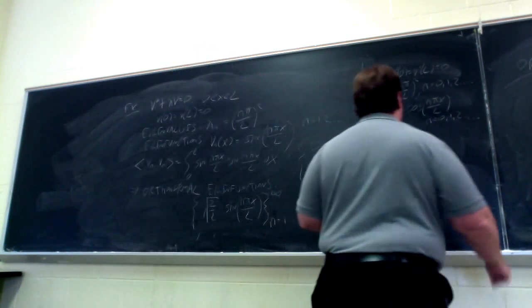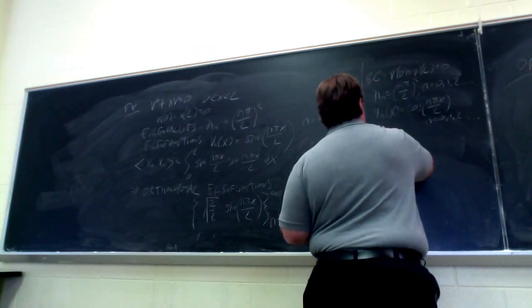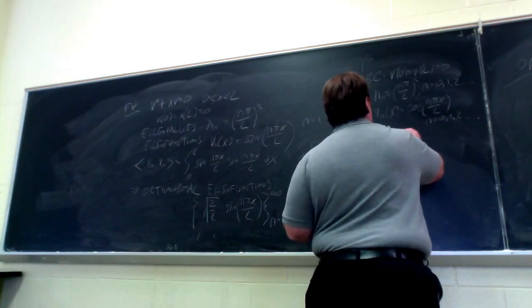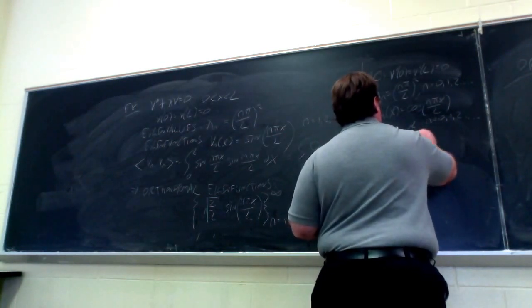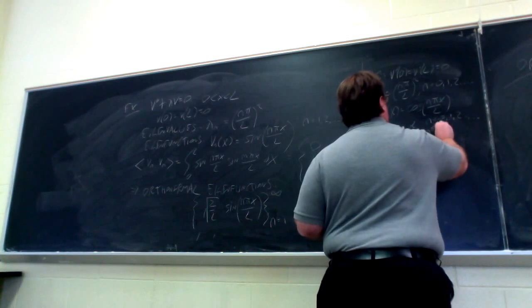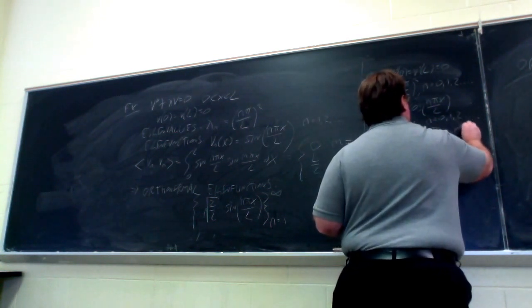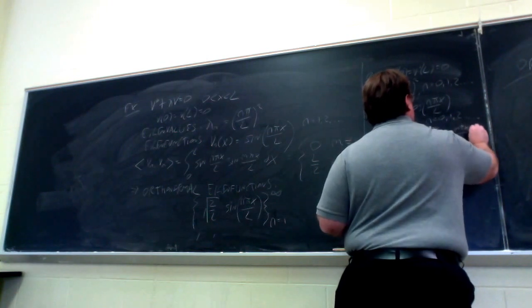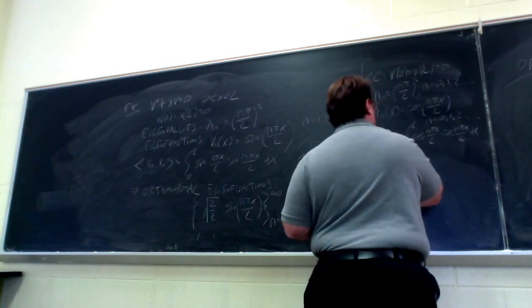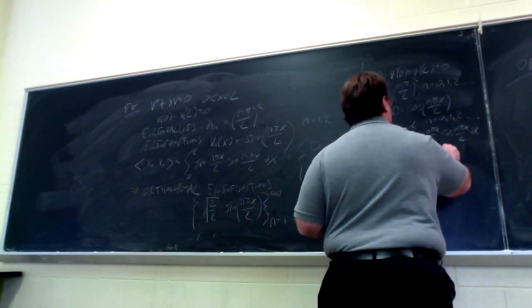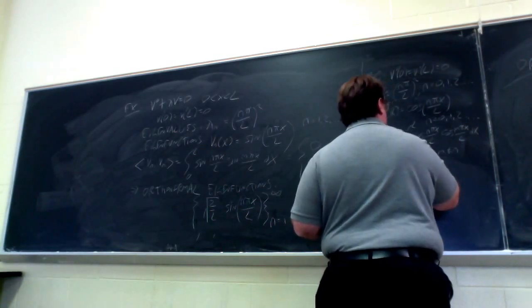So what happens in this case if you take the inner product of v n with v m, the integral of cosine n pi x over L times cosine m pi x over L? You get 0 if m is not equal to n.